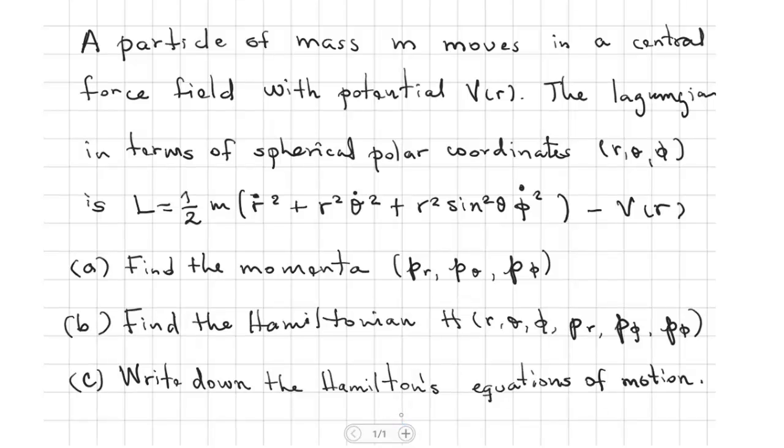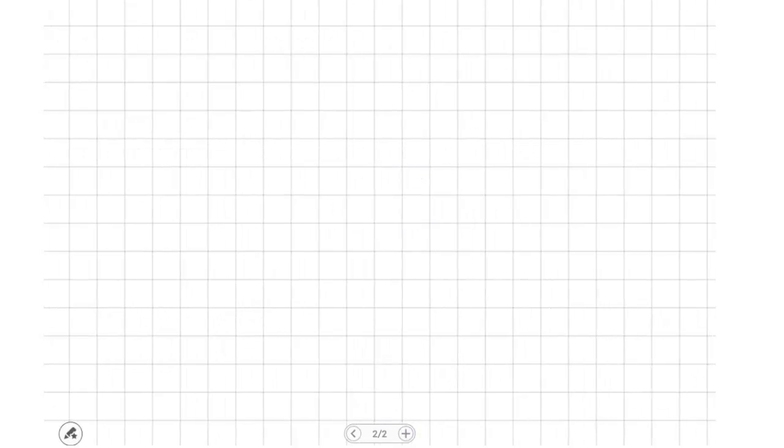By definition, we know that the Hamiltonian is a function of the coordinates, in this case r, theta, and phi, and the generalized momenta, in this case p_r, p_theta, and p_phi. So we are solving part B of the problem.